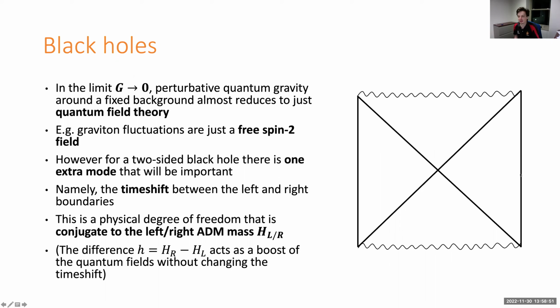It commutes with the time shift. What it does is act as a boost of all the quantum fields sitting in here. So we time evolve the right boundary forwards and the left boundary back. Then we can do a gauge transformation that leaves the boundaries in the same place, but just boosts the bulk quantum field sitting in the middle.